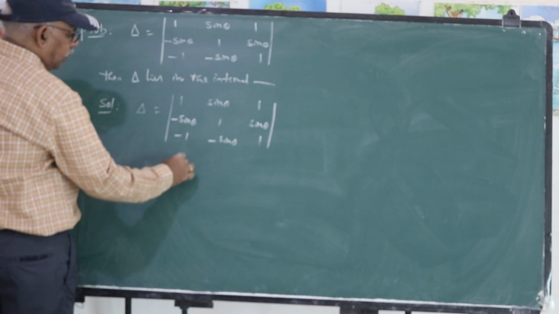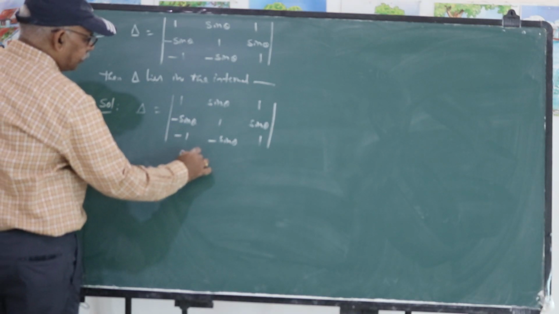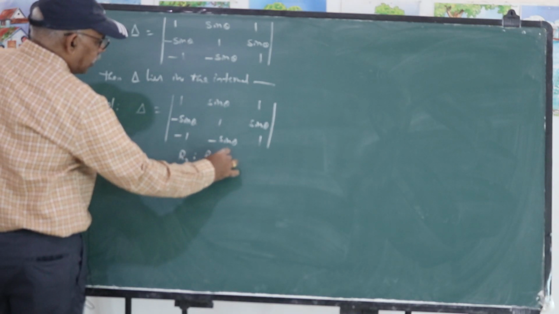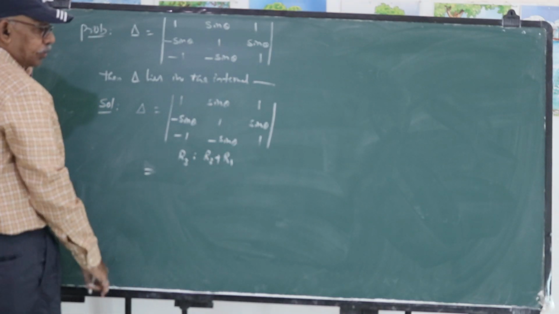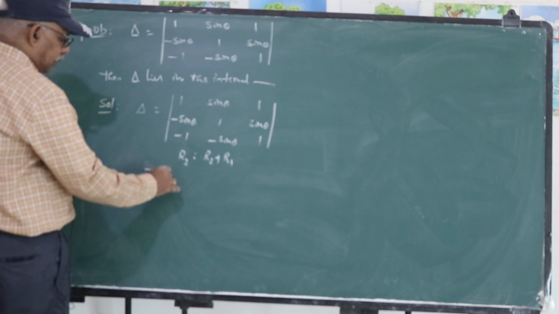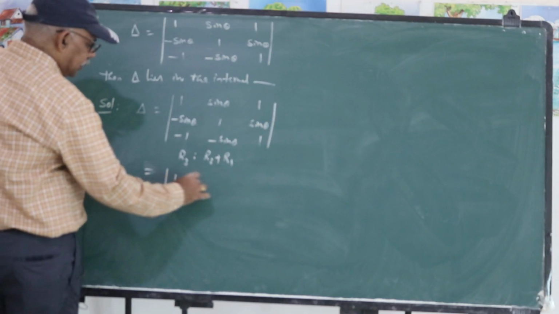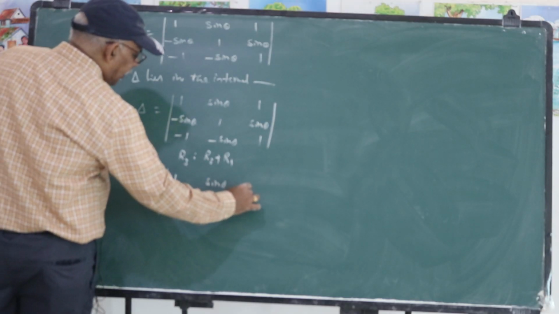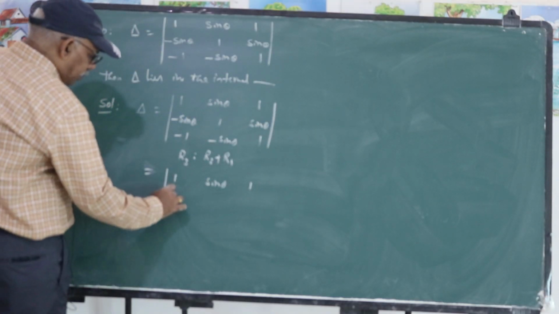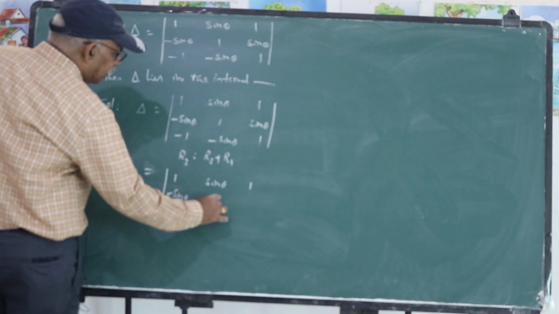R3 goes to R3 plus R1, the determinant becomes 1, sin theta, 1; minus sin theta, 1, sin theta.